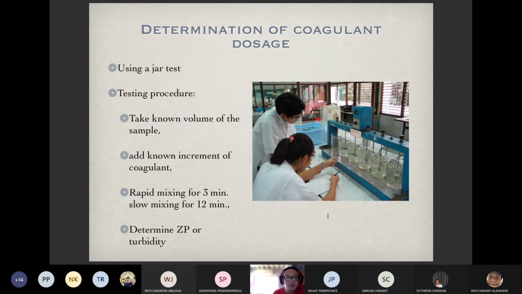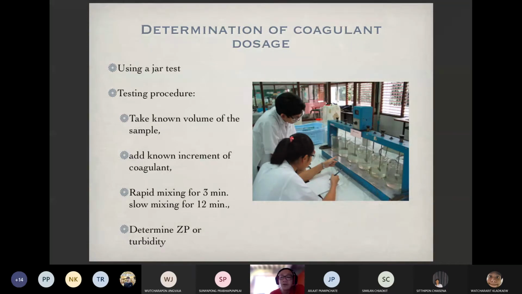After 12 minutes, we need to let the flocs settle to the bottom of the beaker. Sedimentation of the flocs may take about 30 minutes, so we take another 30 minutes to allow the flocs to settle.